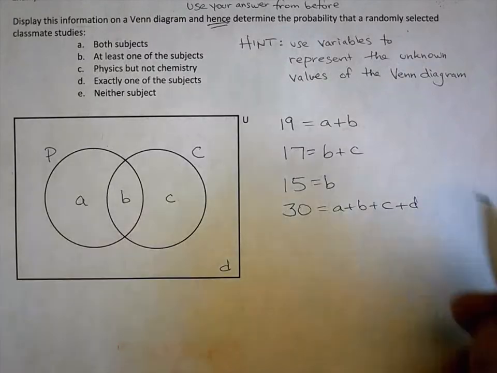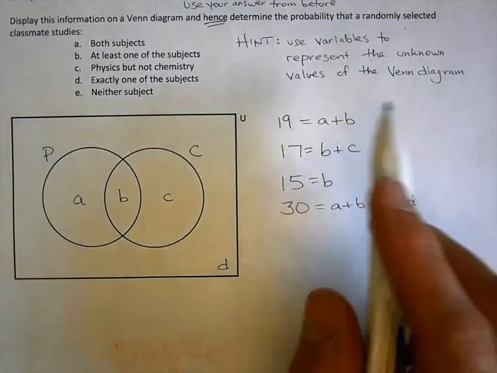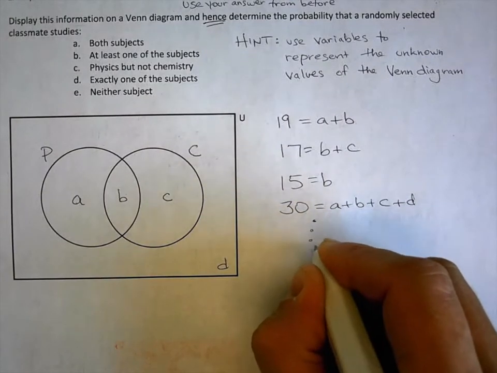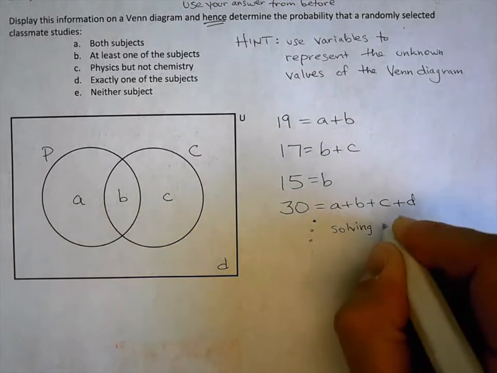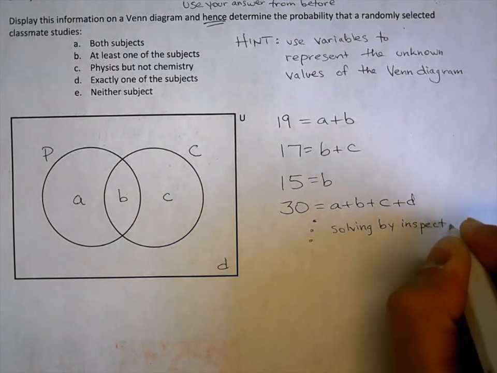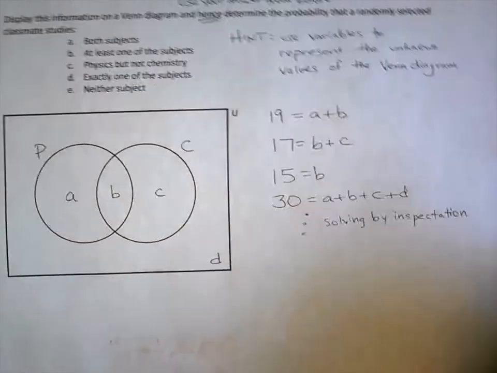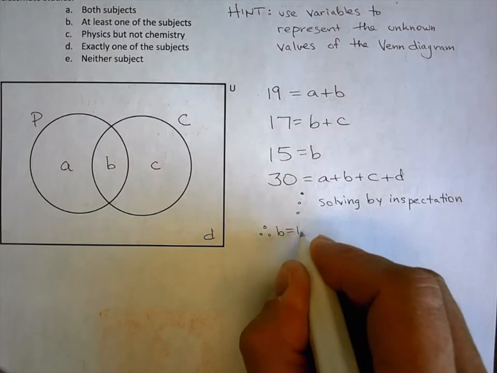What I have now is 4 equations and 4 unknowns. But they're not difficult equations. I'm going to solve by inspection, meaning you don't need to do a whole sub 1 into 2, sub 2 into 3, because you can figure it out pretty quick. First of all, we know that B is equal to 15. That was given to us.